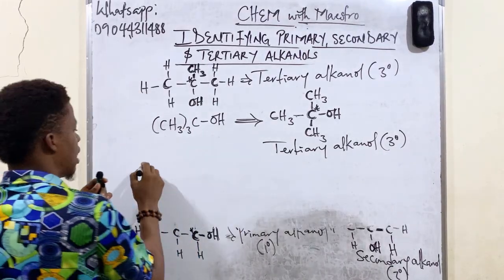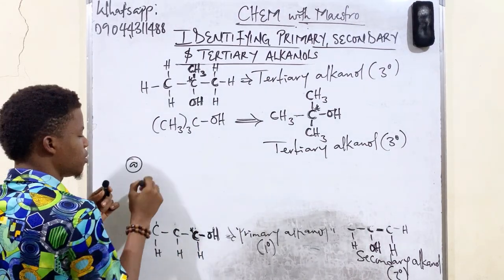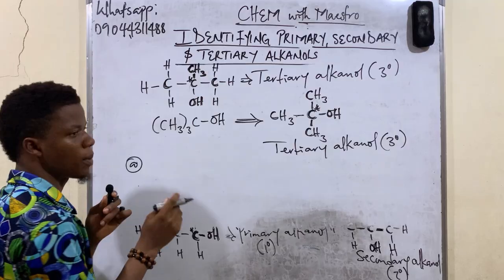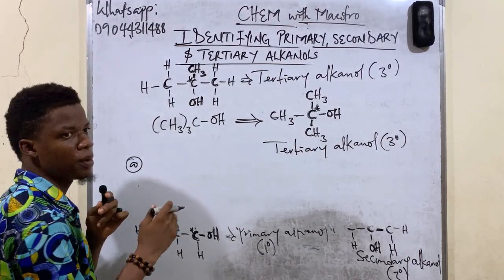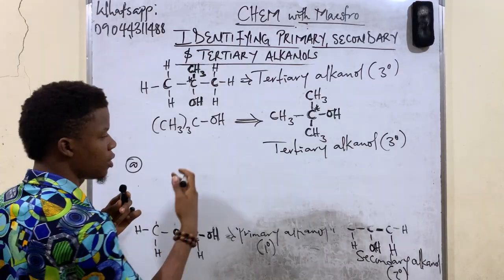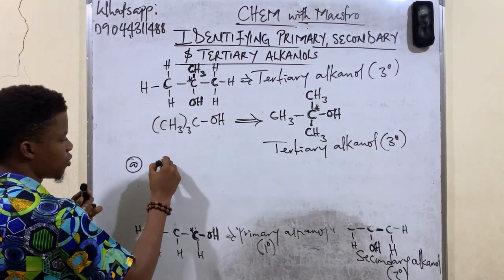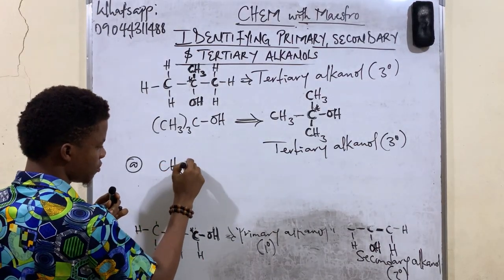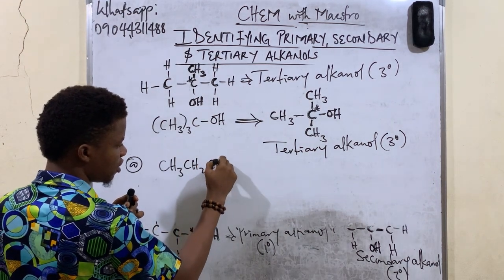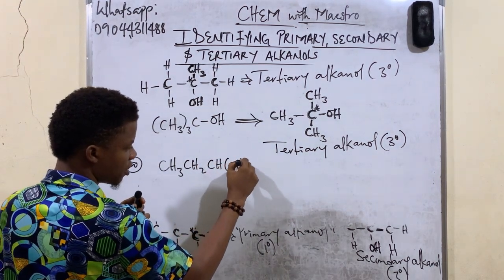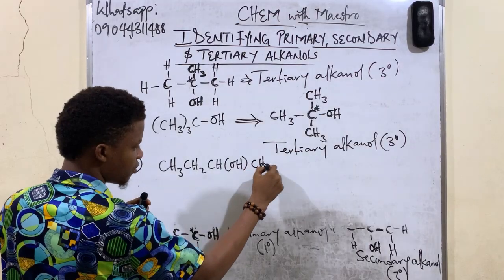Do these examples for me. Identify if these compounds are going to be primary, secondary, or tertiary. These different alcohols, I'll give you three. So now let's go. A: CH2, then CHOH, CH3.